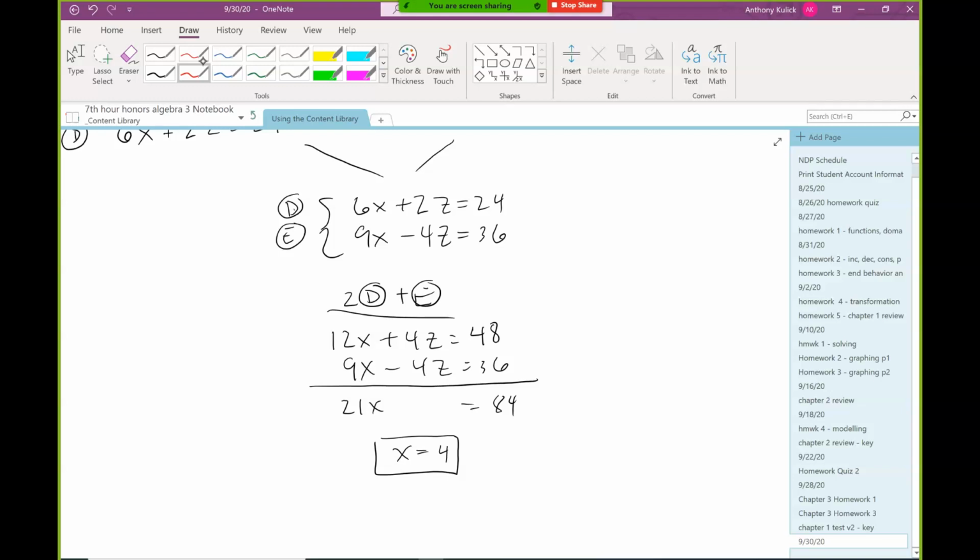Now to solve for my next variable, I'm going to go back to one of my two-variable systems. I'm going to choose to use the first one. So I'll plug in 4 for x, and then solve for z.